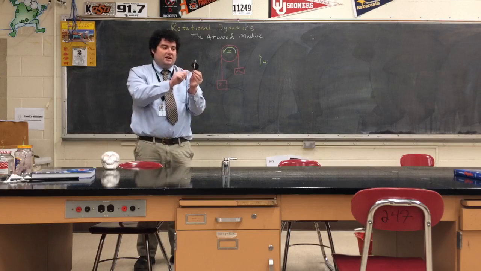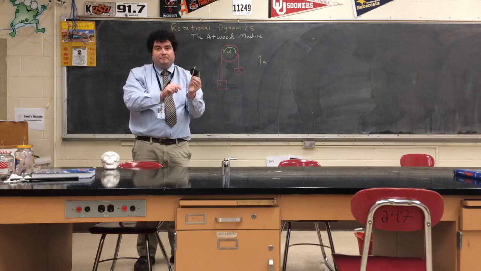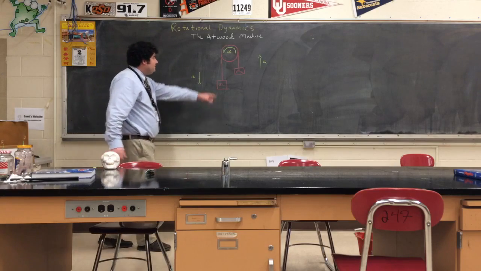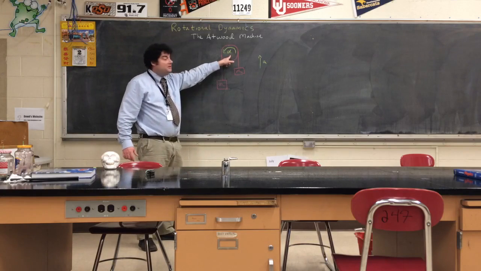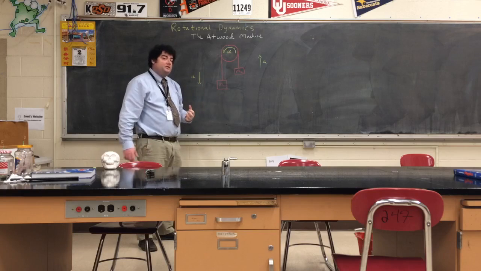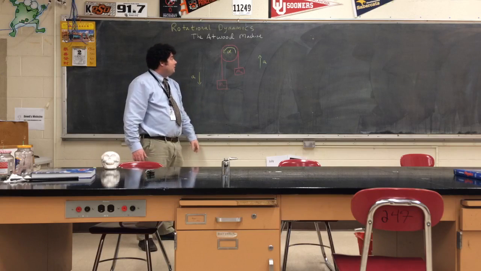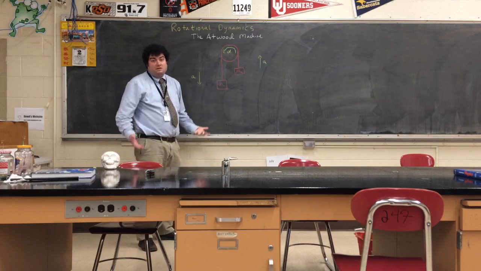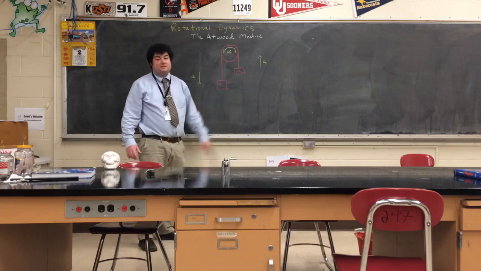And there's clearly a torque on it because it doesn't stay in motion forever. So we have to consider the rotational inertia of this. In this problem, we're going to ignore the torque caused by friction, but we are not going to ignore the fact that this pulley has mass, and it's going to resist acceleration, just like these masses do.